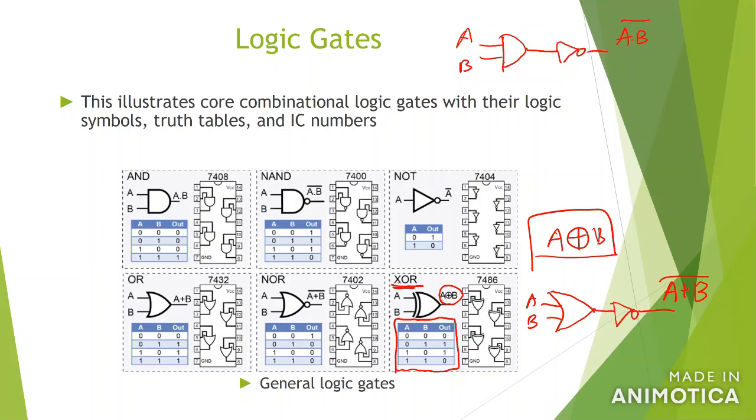Only when the two inputs are different, the output will be 1. Whenever the two inputs are the same, the output will be 0. This is very interesting. A lot of applications can be implemented by using this XOR gate.